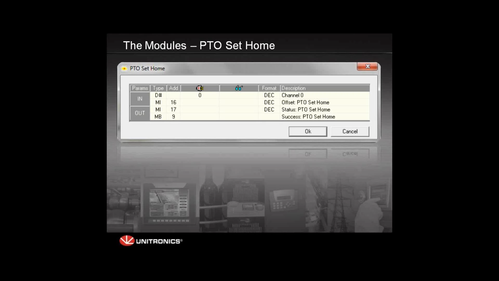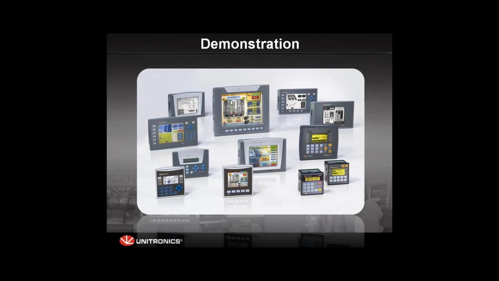If the motor is at the moment at a certain point, and we want to say that from this point 100 pulses away will be the home point, that's what we need the offset for. Again, we have the status and success bit to provide information about this model.